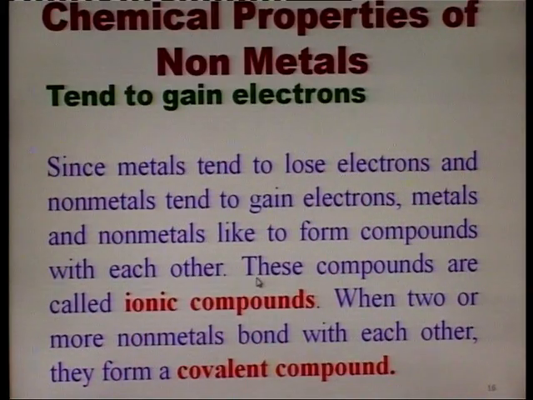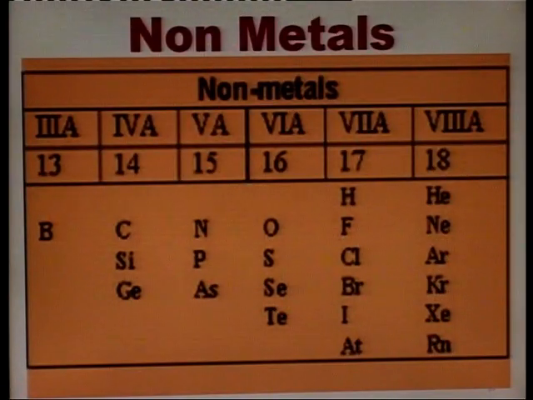These compounds are called ionic compounds. When two or more nonmetals bond with each other, they form covalent bond. These are some nonmetals.